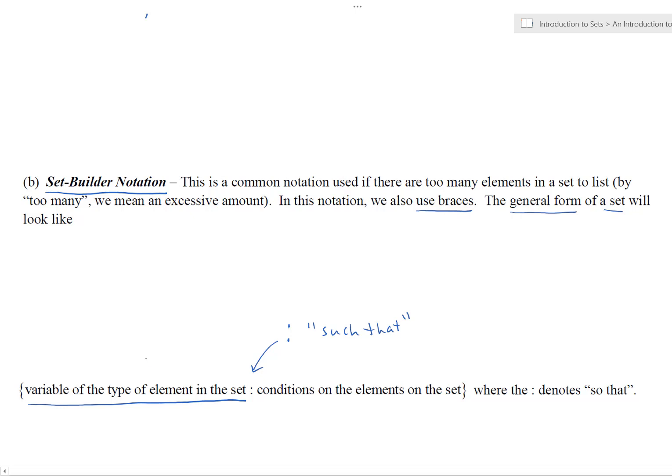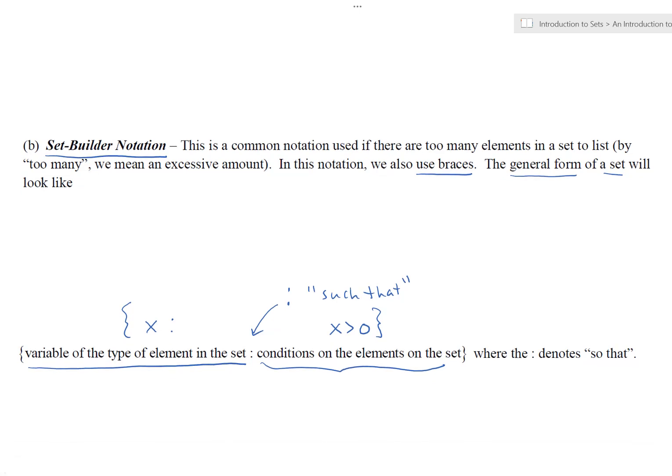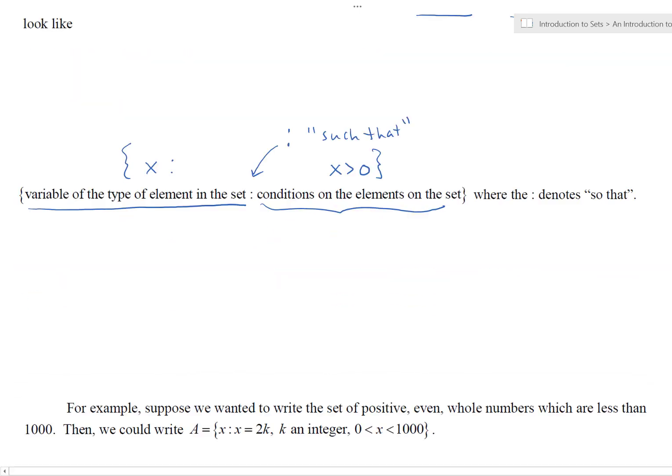Some x's such that, and then you put conditions on the elements on the right side of the colon. For instance, maybe x has to be positive. You would write something like "x is positive." So it's a set containing all these x's, any x value such that it's positive. That's how we write set builder notation.